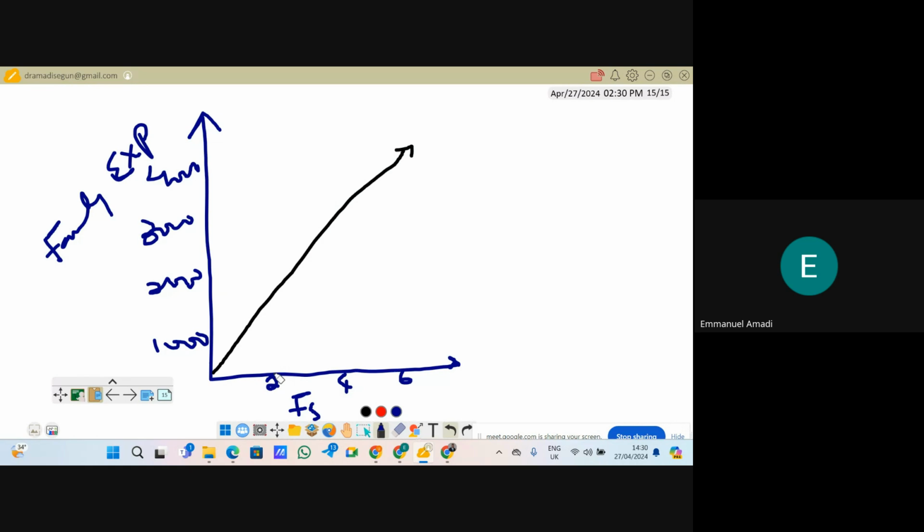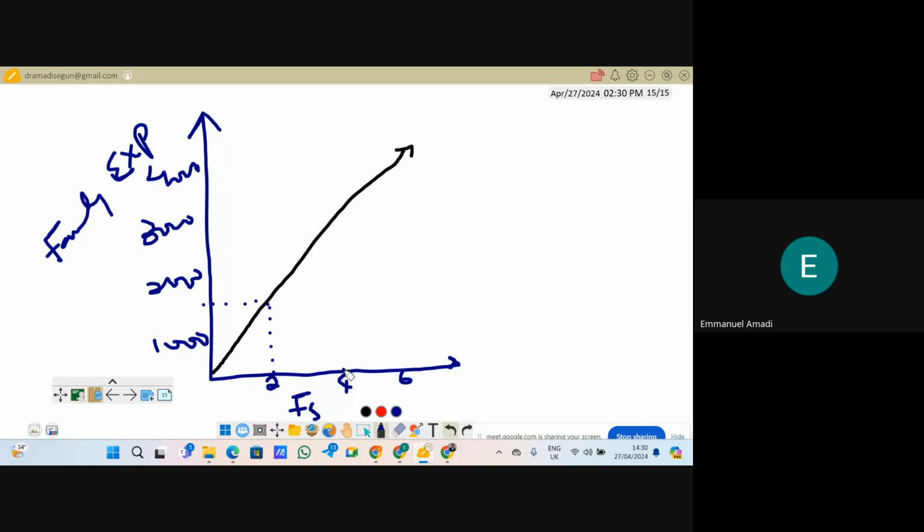Now, all you need to do is match the two of them. So they have given you a line. So just trace from a family size of 2 to the line. If I trace it to the line, this is where I intersect the line. So for a family size of 2, we spend about $1,500 monthly.